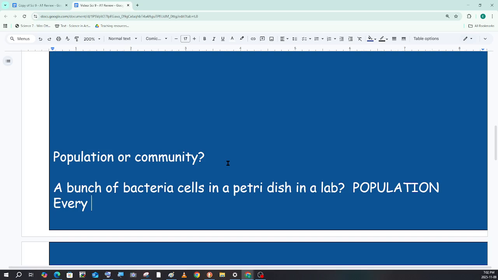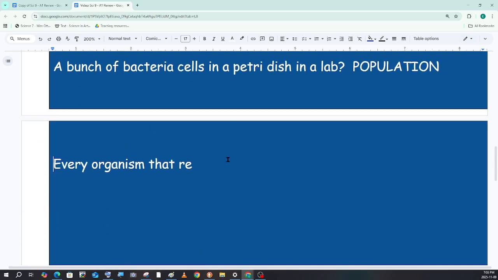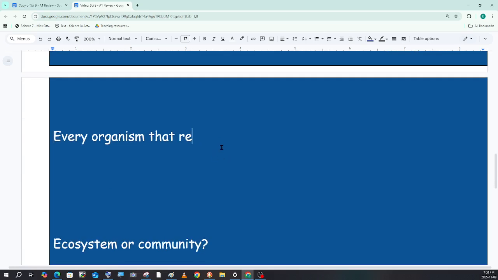Every organism that resides in a pond. Would that be a population or a community?